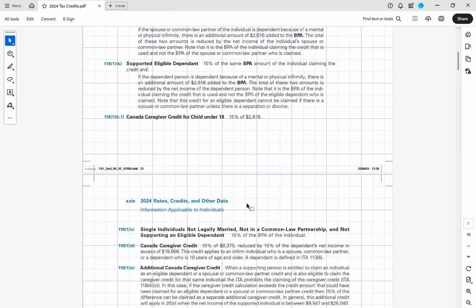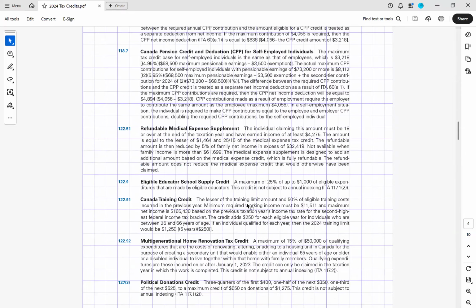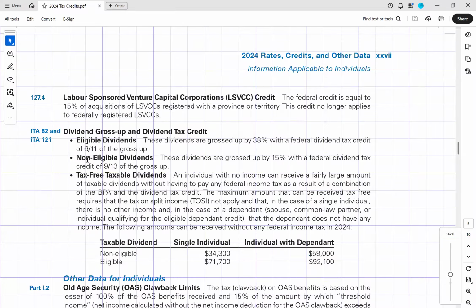And let's scroll down, page 3, page 4, page 5. Dividends. So these are non-eligible. So these are grossed up by 15%. Now, we don't have to worry about the dividend tax credit because all we're trying to do is calculate net income for tax purposes, but we do have to gross up the non-eligible dividends by 15%.